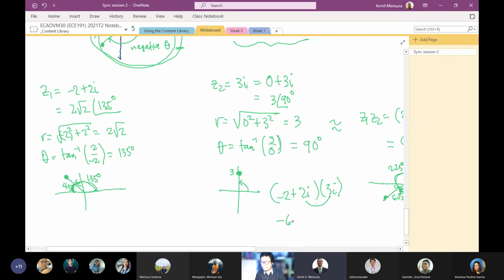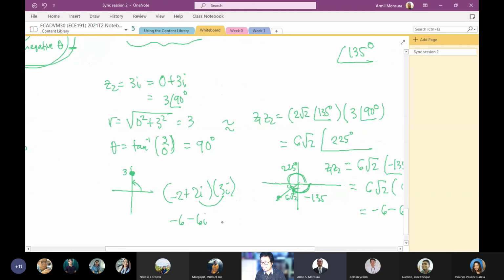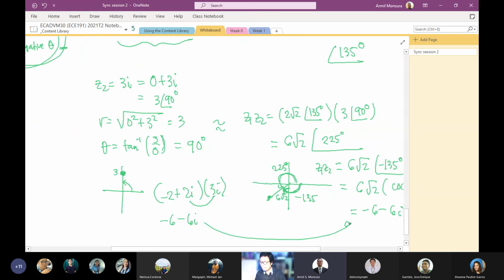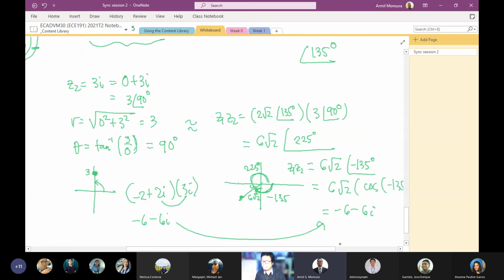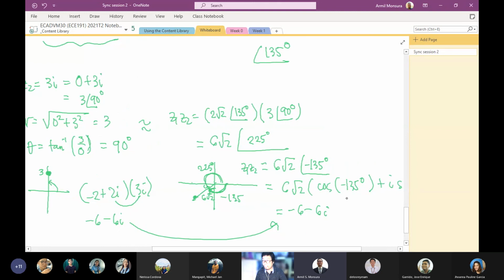That's basically negative 6, and then minus 6i. Which is the result that we are looking for. This results from multiplying the two in rectangular form, and this is in polar form. So as you can see, the results are the same. Is that understood?